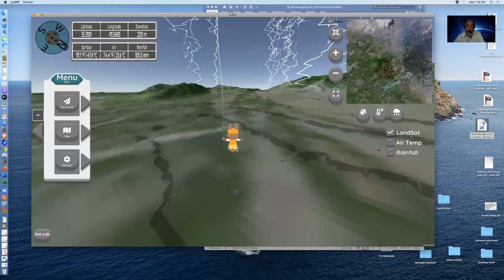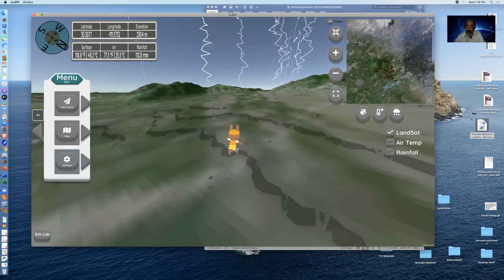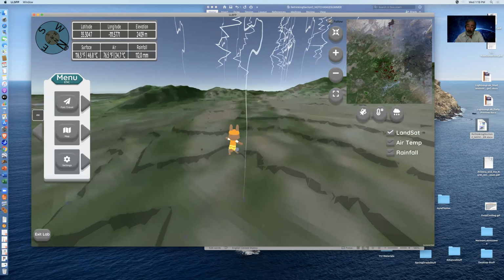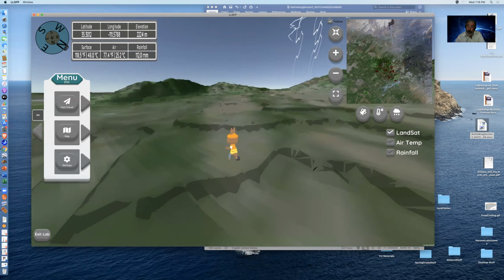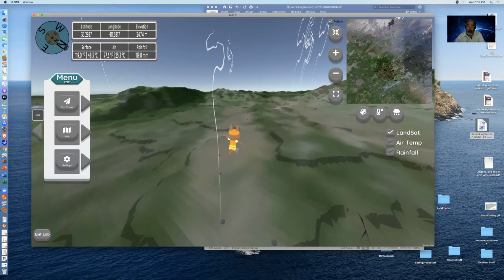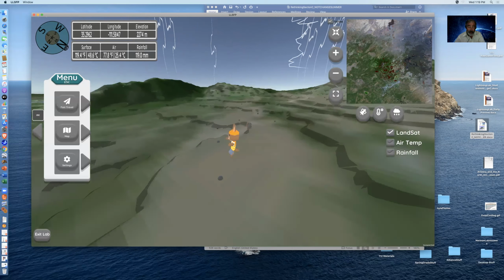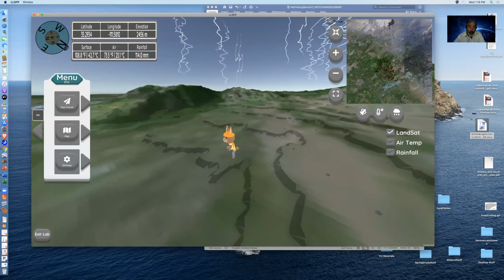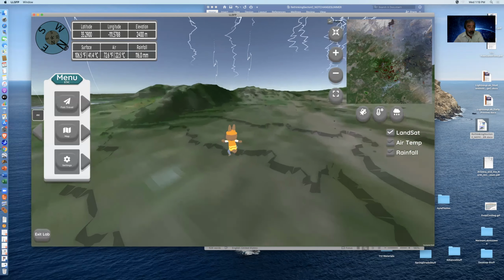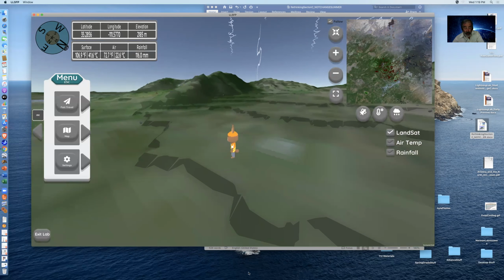These isolated lightning strikes don't have a particular cluster, so they could be due to the thunderstorms that formed over the mountain with the upslope winds, or they could be due to an alternative mechanism, which is called surface heating.